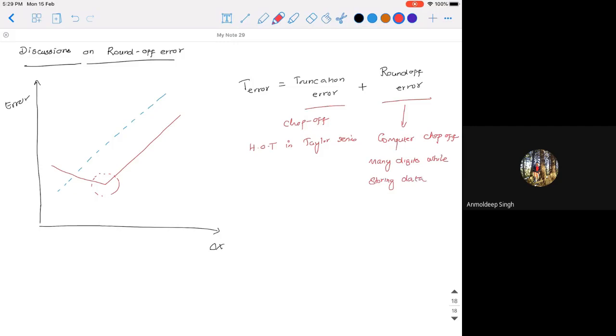For example, the value of 1 over 3 is 0.333 bar, which means this is going on indefinitely, but the computer stores only a finite number of digits in the memory. If you are using single precision calculation, it will be 8 digits, and if you use double precision, it will be 16 digits, right? So there is an error introduced in storing the number in computer memory, and that gives rise to the round-off error.